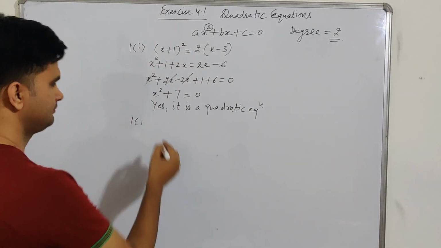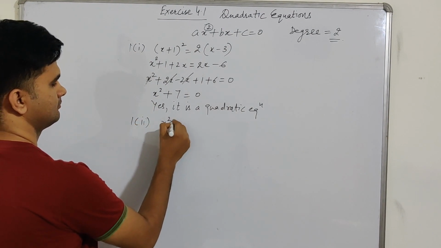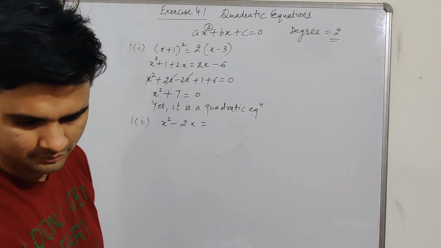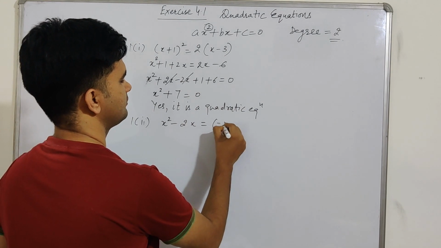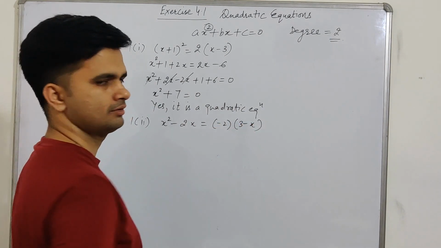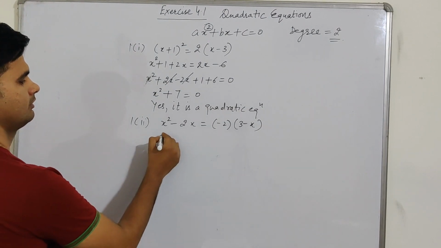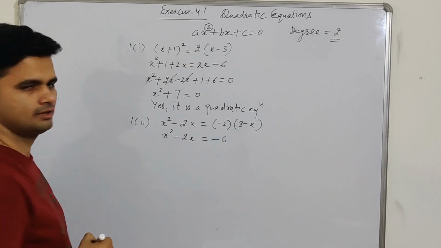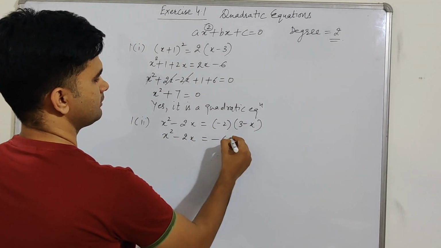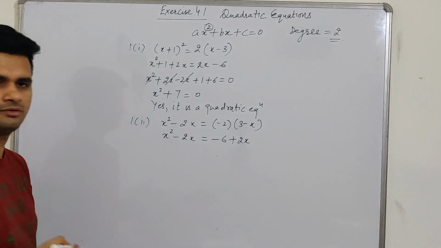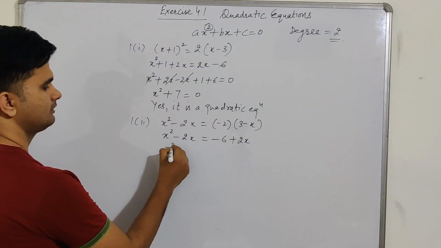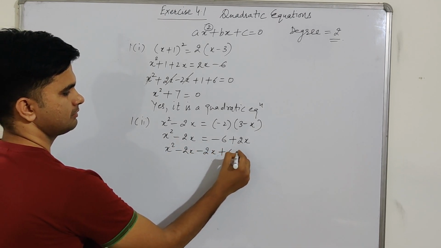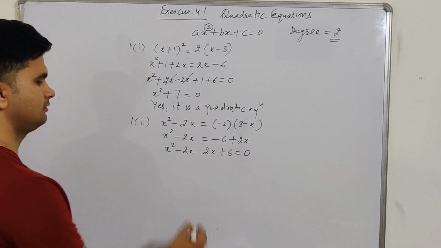Then come to the second part: x² − 2x = −2(3 − x). Write the left-hand side as it is. −2 into 3 is −6. −2 into −x, minus minus, is plus 2x. x² − 2x, take the right side to the left-hand side, it will become −2x + 6 = 0.